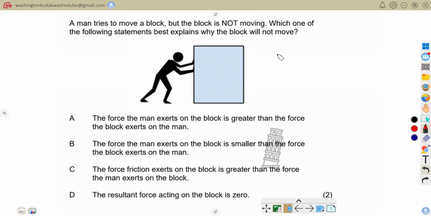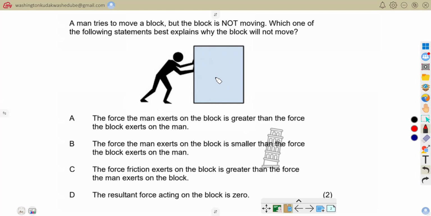So now let's look once again at the question, and then let's look into the options, and start reasoning towards the question so we can choose which best suits the scenario. Here they are telling us that this man is trying to apply a certain force. A man tries to move a block, but the block is not moving. What might be causing this block not to move?